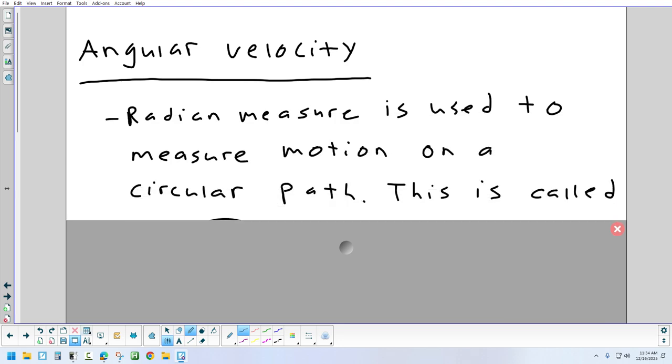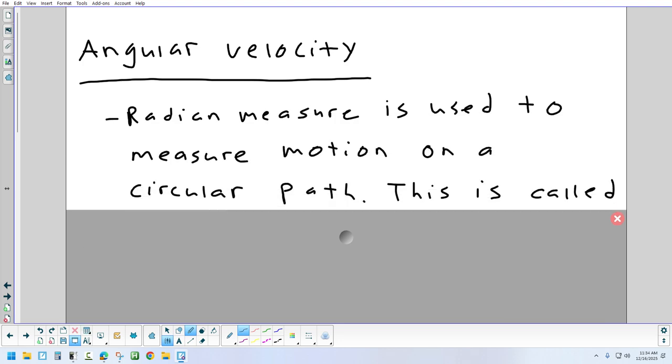So when we do angular velocity, if they do not specify a unit, I always want you to do radians per whatever time unit. Could be radians per minute, radians per second, radians per day, but we always want to use radians, unless they say not to. There's only 3 units that we've used to talk about an amount of rotation. One is radians. What's the other one?